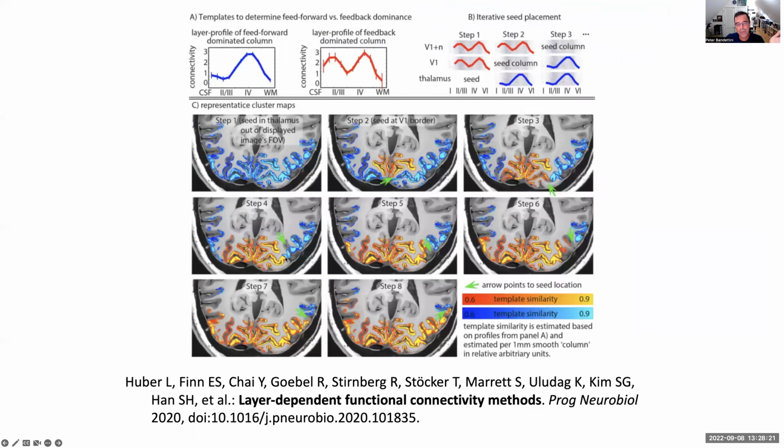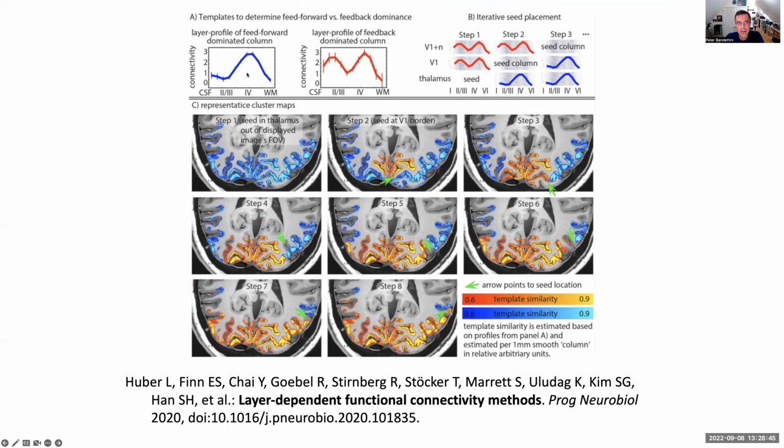So we took this one step further and made templates and allowed the seed to just travel. So we took a template of either receiving input from lower levels or receiving feedback from higher areas. And we started out with a seed in the thalamus. And so the whole visual cortex relative to the thalamus had this single hump.